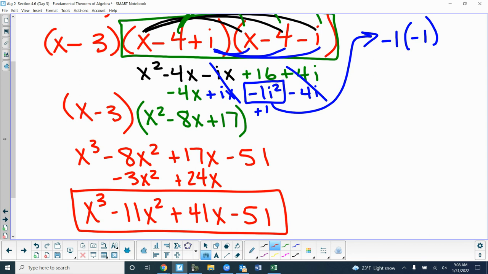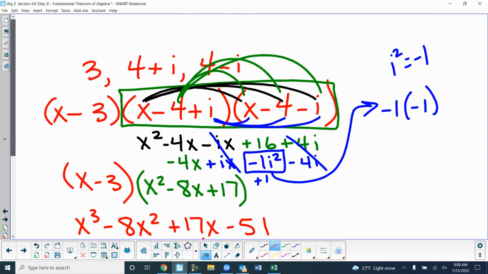And remember, if I put this in my calculator, looking at the zeros, what am I going to see on my calculator? You're just going to see it go through what number? The 3, right? That's all you're going to see. You won't see these.